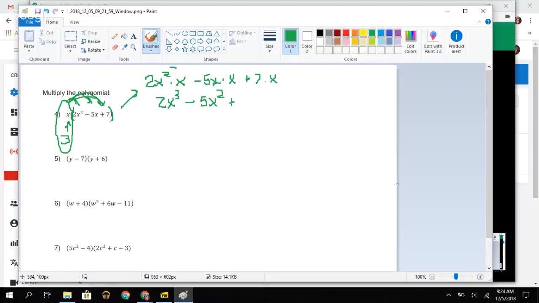And then 7 times x is 7x. So these are our favorite ones because those are the easiest, right? Does everyone feel pretty confident that they could do that? Use the distributive property and do that. I have confidence in you guys.